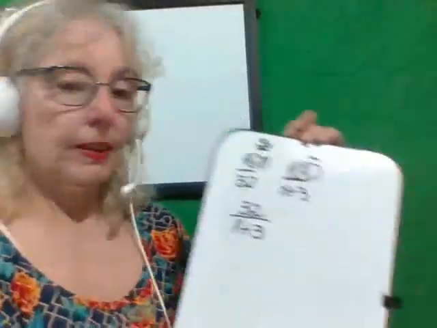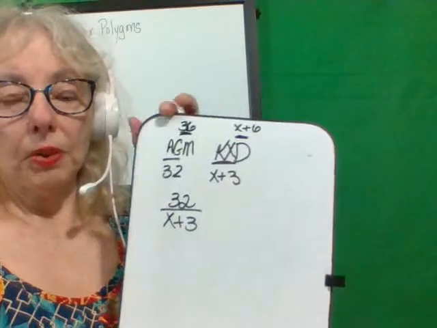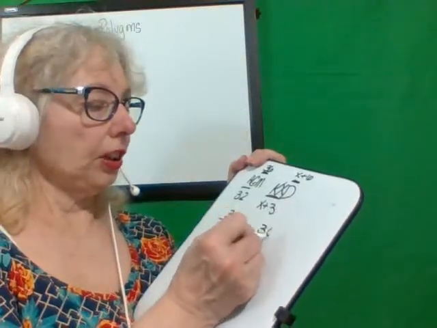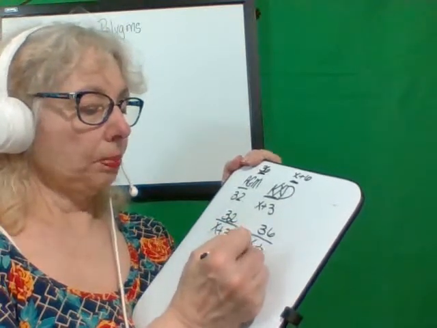X to D is x plus 6. Remember, we're going from the 36, so that's going to give me 36 over x plus 6.